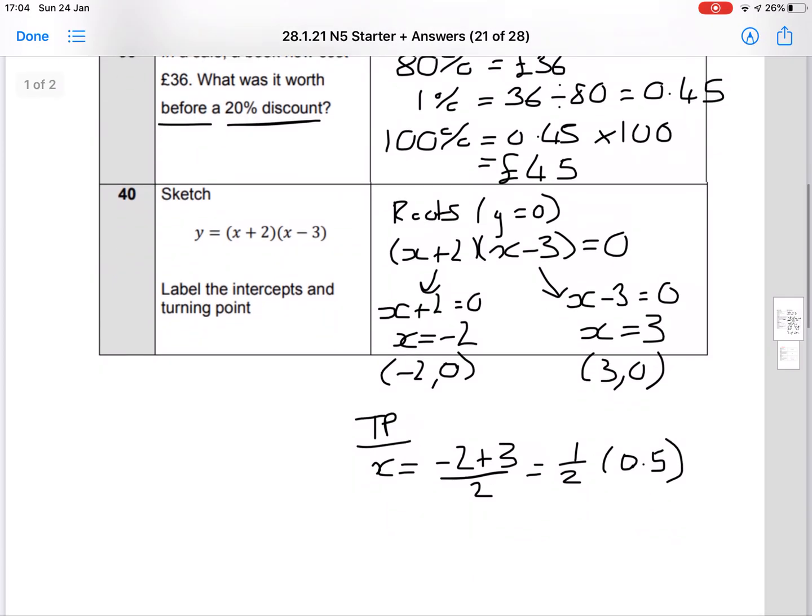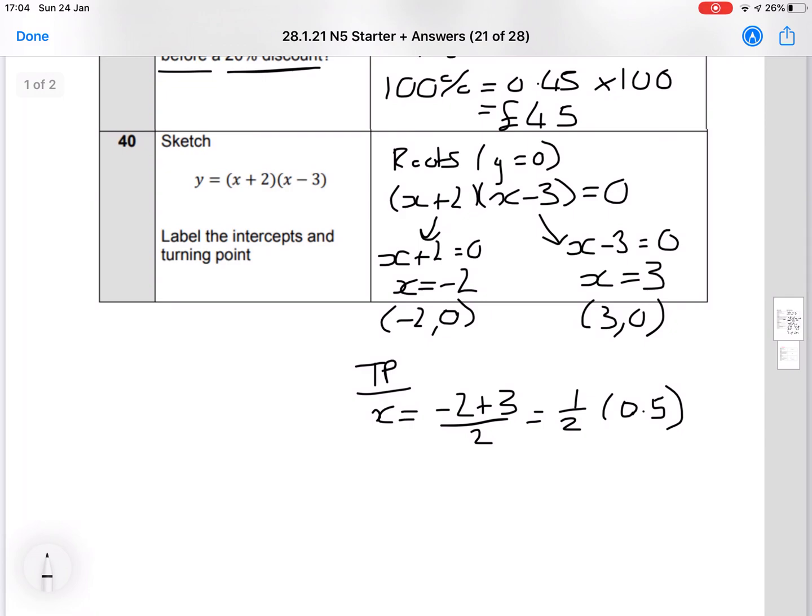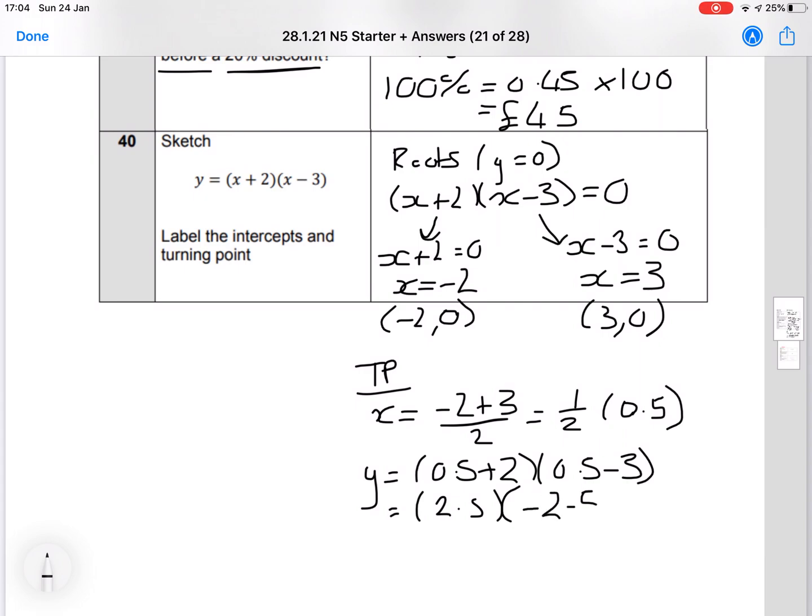And then to find our y coordinate, we're going to substitute that x value back into the equation. So we're going to have 0.5 plus 2 in the first bracket and 0.5 minus 3 in the second bracket. That's going to give us 2.5 and minus 2.5, which gives us a value of minus 6.25.